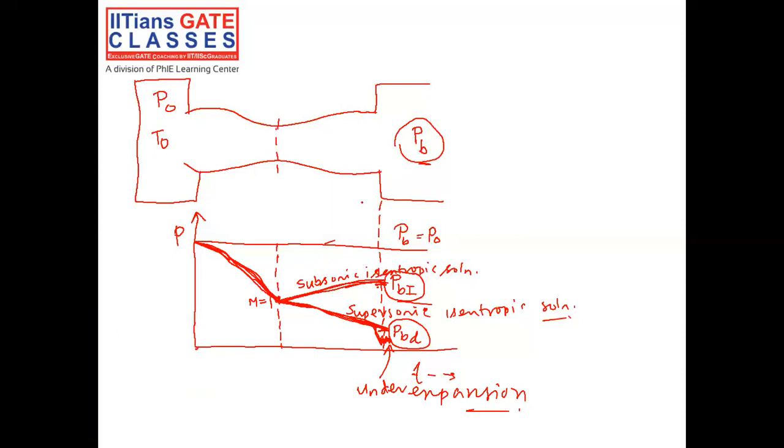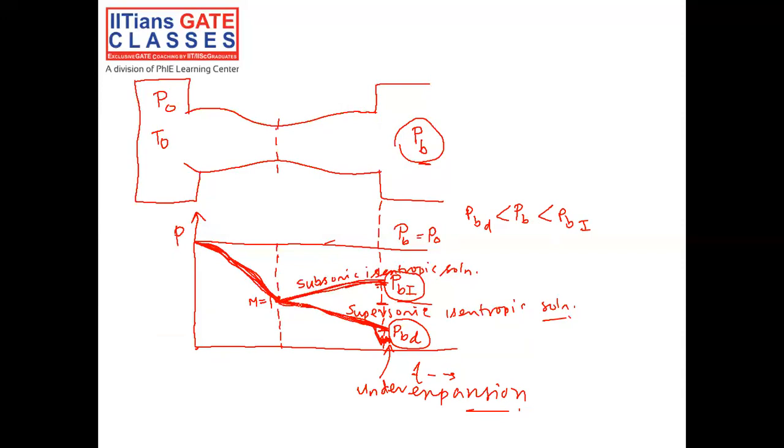So now let's consider another condition, when the back pressure PB is greater than this PBD but less than PB1. So let's consider it somewhere here. In such a condition, what will happen in the flow? Again, at the convergent part of the duct no change will take place, so it will remain unaffected.